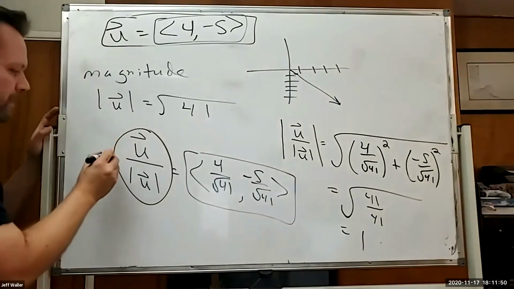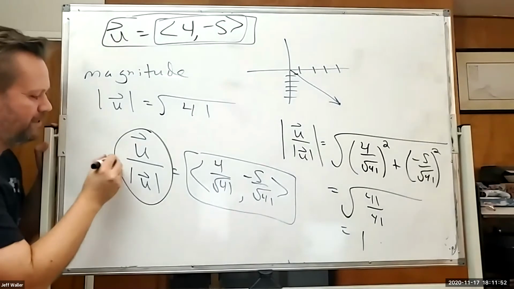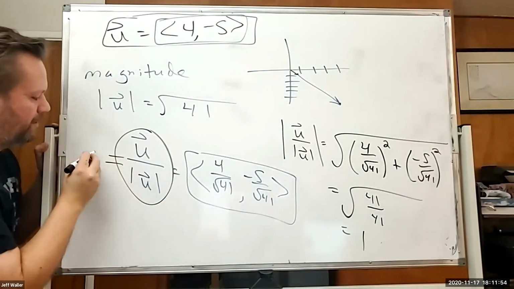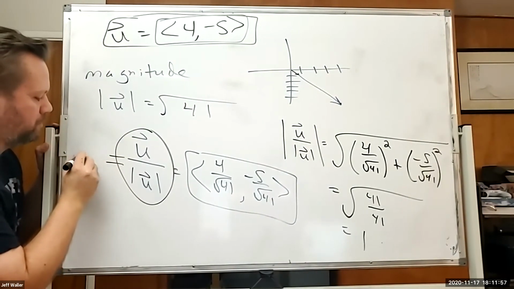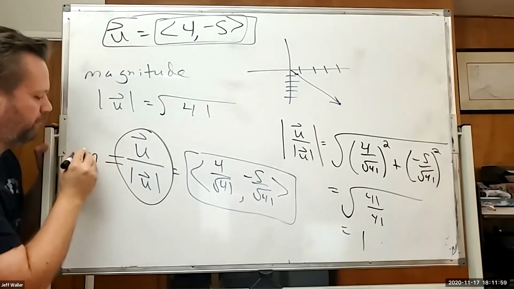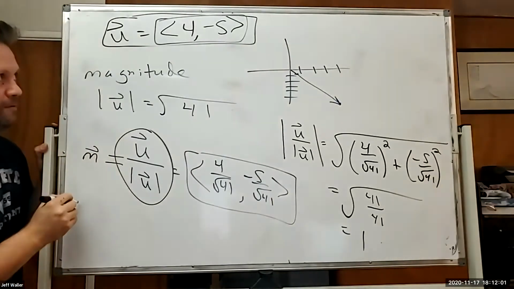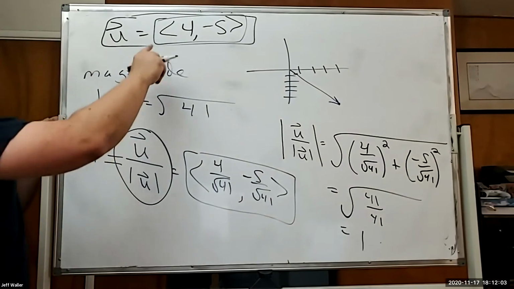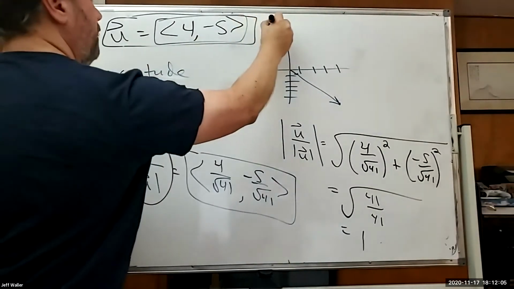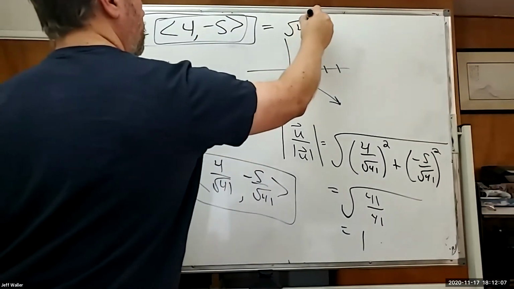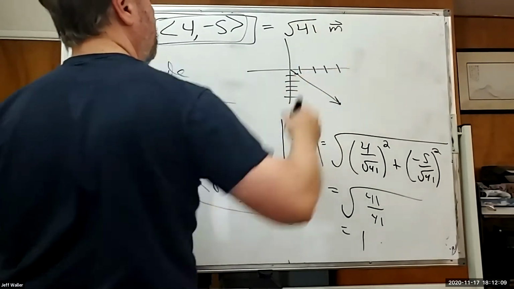So if I call this guy, what, Jeff? I'm going to call him M for whatever reason. Then another way to write this would be the square root of 41 times M. Let me stop there.